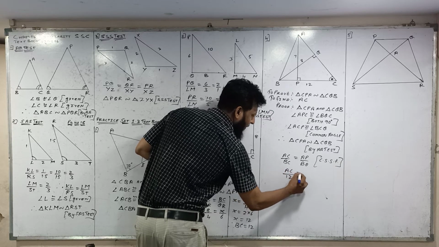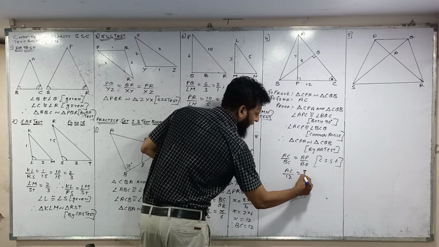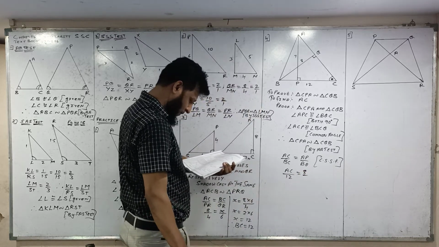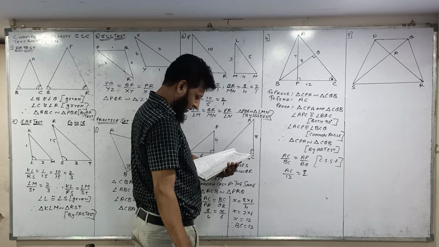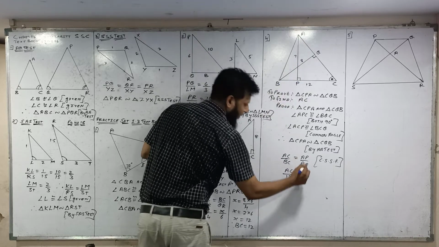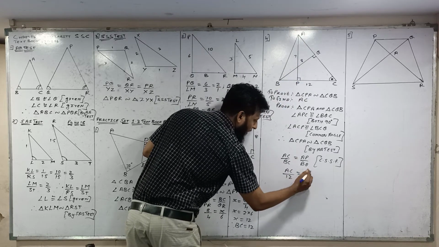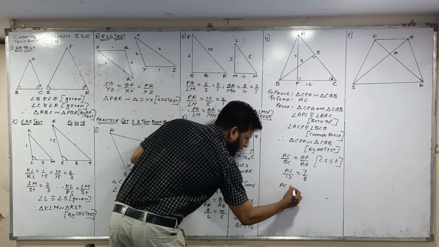BC is 12, AP is equal to 7, and BQ is 8. Now do the cross multiplication.